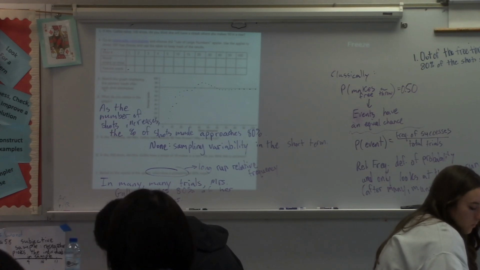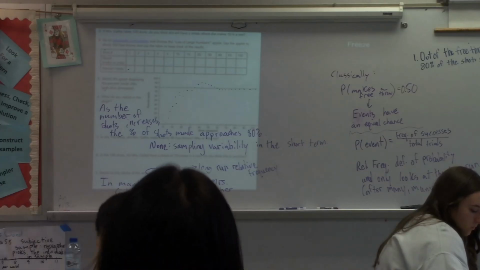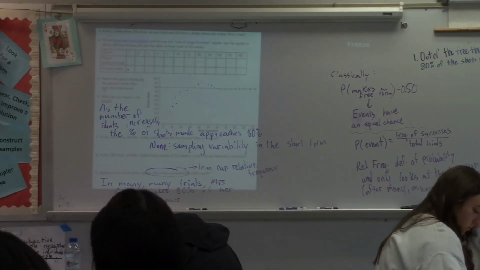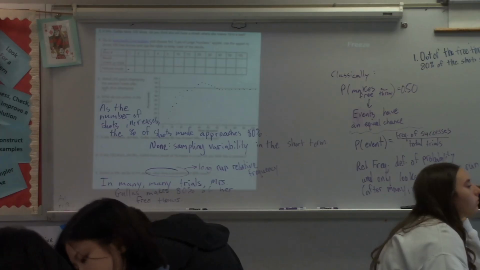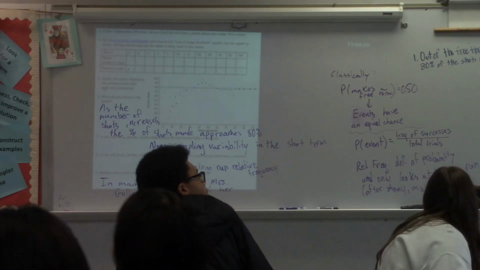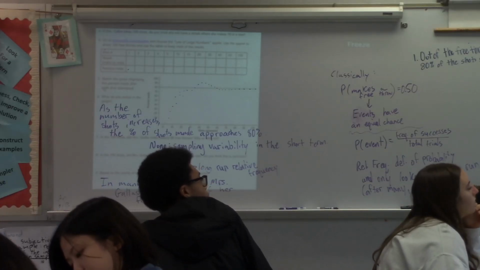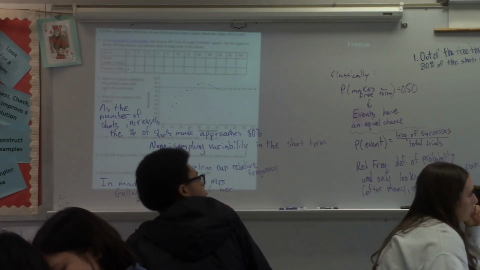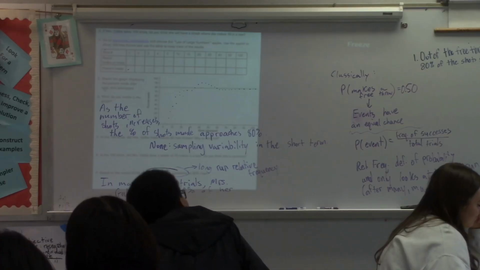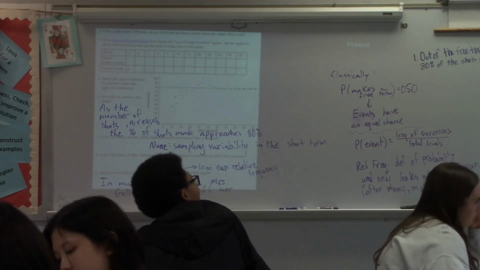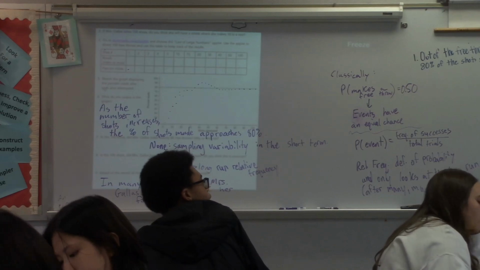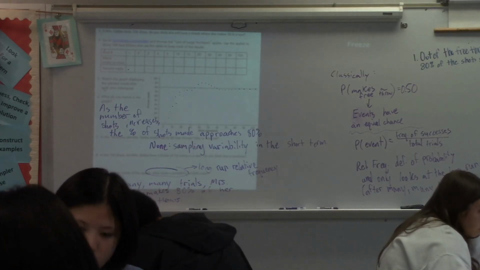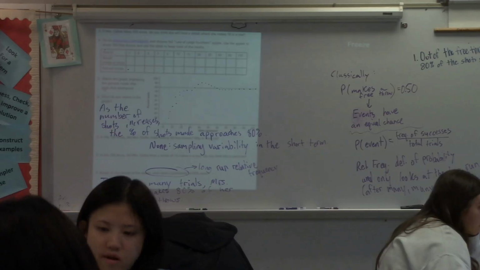So if I did infinitely many rolls of a single die, what fraction of them will be 2s? 1 out of 6, right? It's only a 2, so it's 1 outcome of success divided by 6 total outcomes. Notice the long run relative frequency will approach that classical probability if we do it many, many times. Okay?